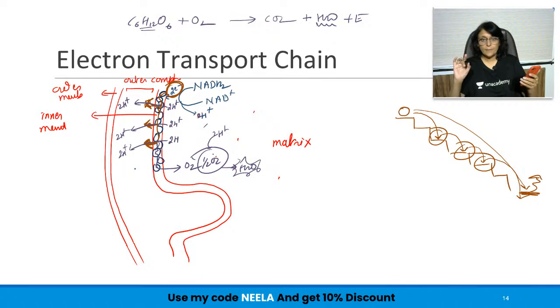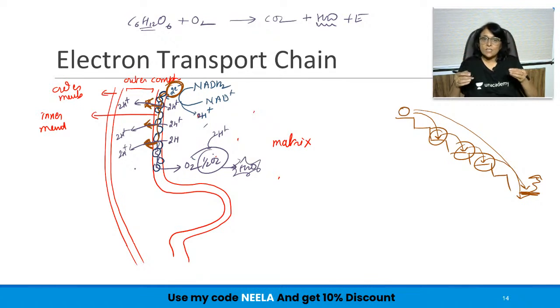Clear? So what has happened is, by using this NADH2, which is formed in various reactions, a pair of electrons passes through a chain of proteins, and during its transit through that chain, at 3 places energy is released.